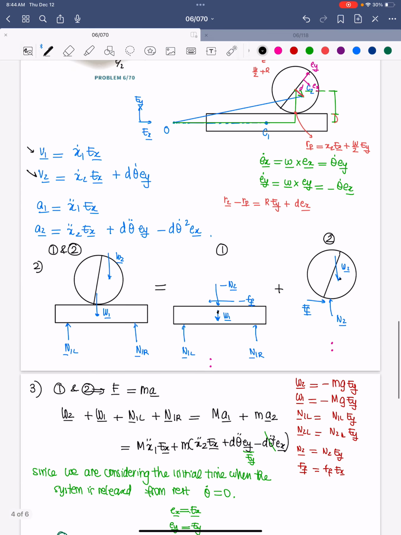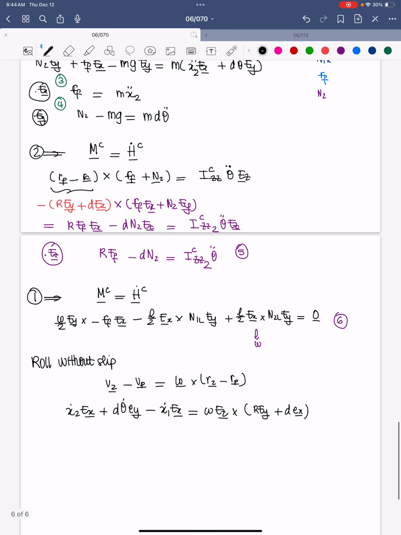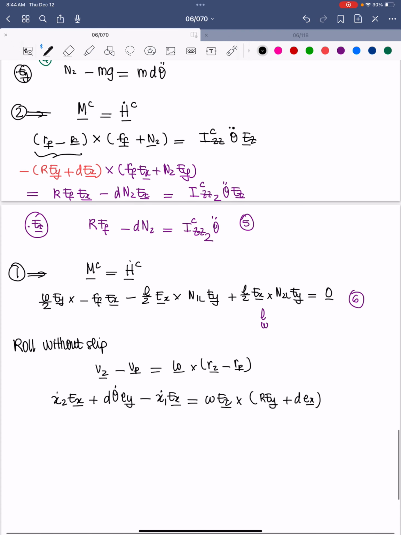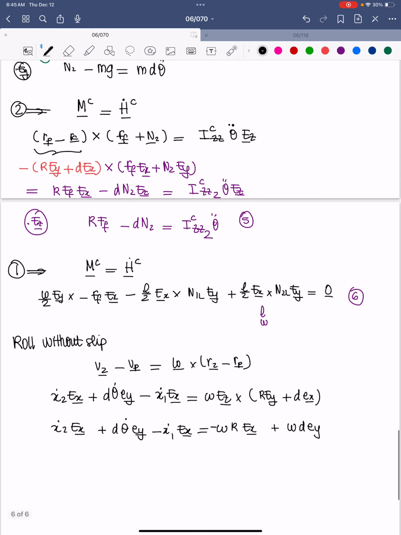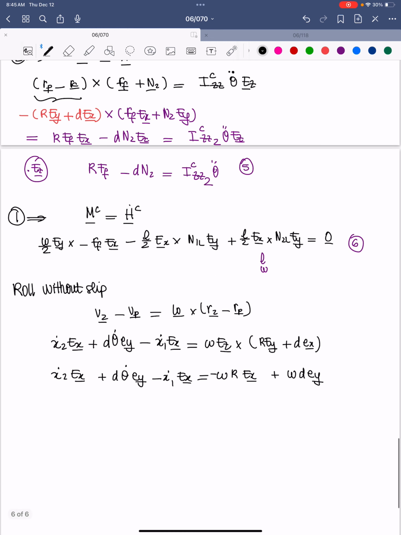We found this earlier here. Very well, I'm going to go on with the cross products. Minus omega R EX plus omega D EY. So I can project. So initially EY is equal to EX.